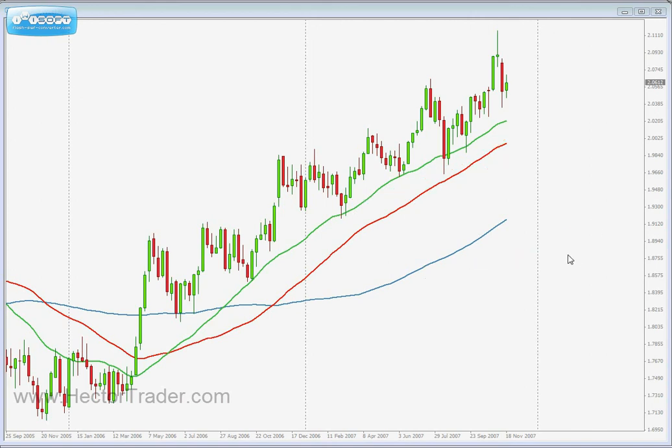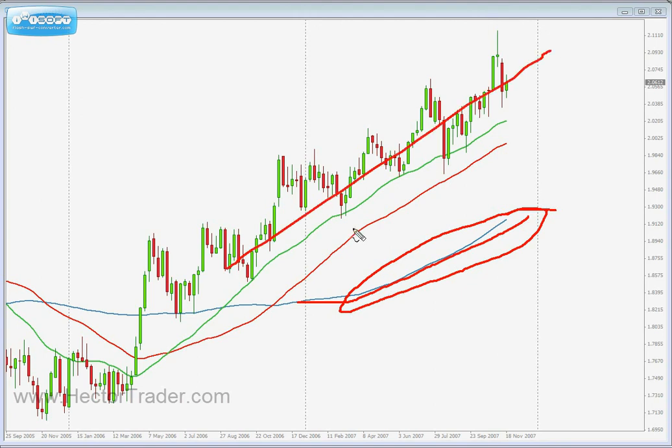Good. Moreover, I can see that they are all pointing in the same direction. They are more or less parallel, especially the 30 and the 50, which are the two most important ones. Price is nowhere near the 100. You see, this is the 100 moving average, and price is very far away from it, isn't it?